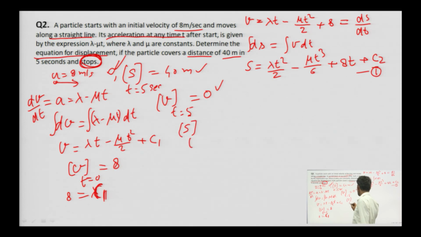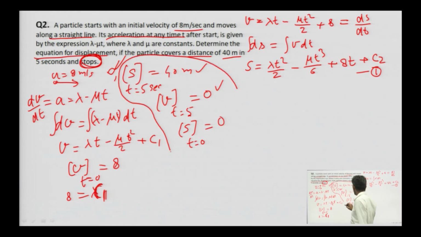S at time t is equal to 0. What will be the displacement? It is 0. So, these three conditions we have: S at time t is equal to 0 is 0, S at time t is equal to 5 is 40, and velocity at time t is equal to 5 is 0.